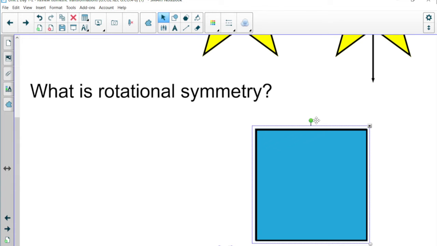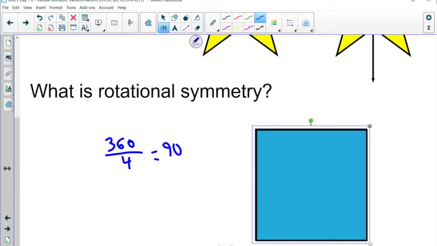That rotational symmetry is happening every 90 degrees that we rotate it. And one way you can determine that is that we went all the way around 360 degrees, and how many times did it click? How many times did it lock in exactly how it looked at the start? Well, 4. There were 4 times in that 360, so 360 divided by 4, that's 90 degrees.